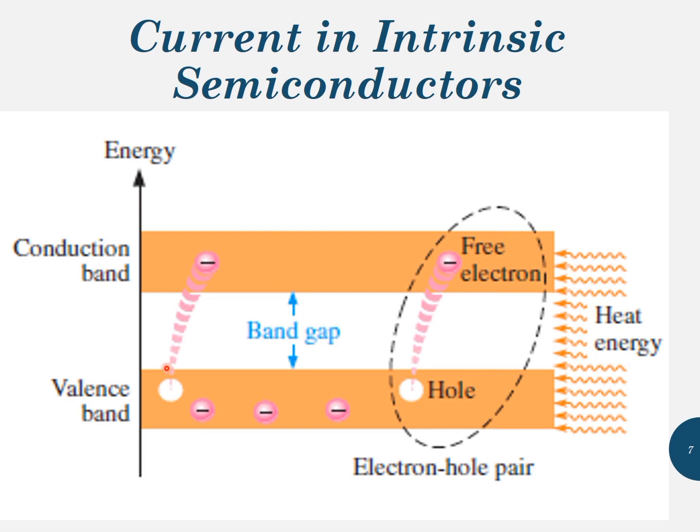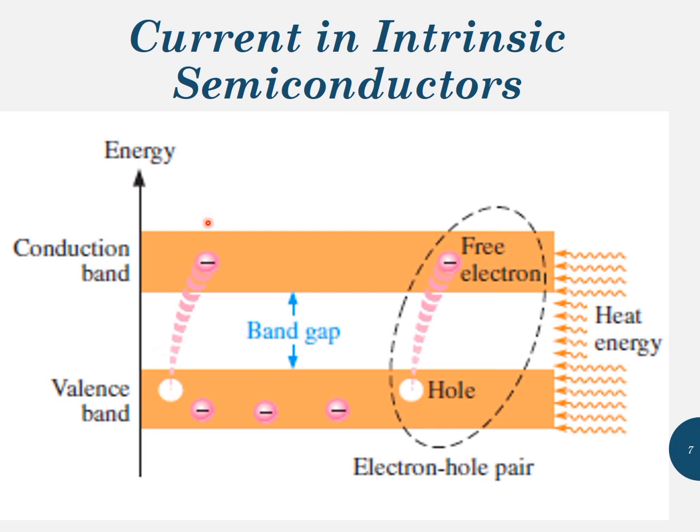For every electron raised to the conduction band by external energy, there is one hole left in the valence band. Both the free electrons in the conduction band and holes in the valence band are generated at the same time.